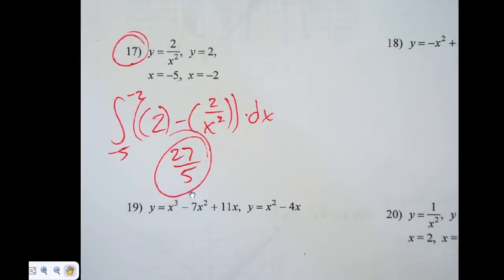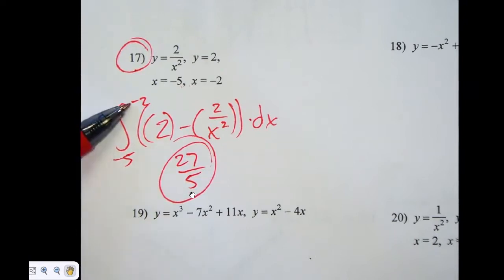So the first thing you should have done here is set the two equations equal. You get two answers. You get 1 and -1. I don't care about either of those, right? They're not in between the x values they gave me. So the 1 and the -1 I ignore.